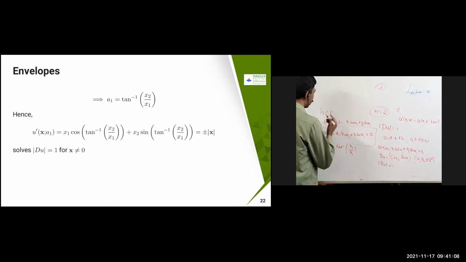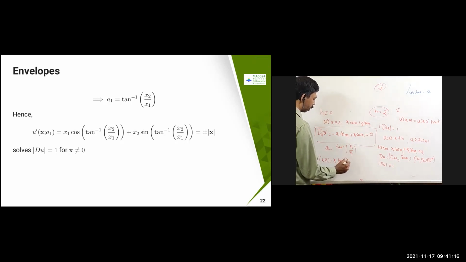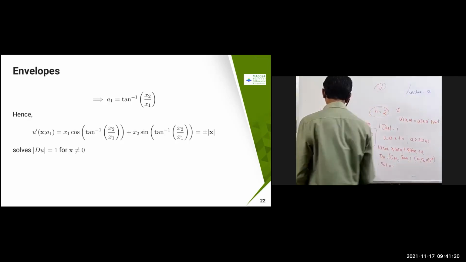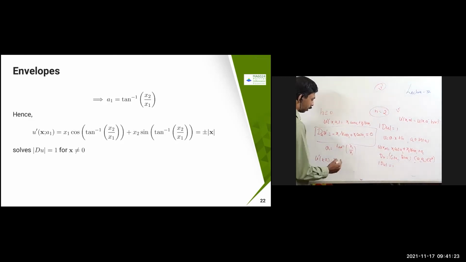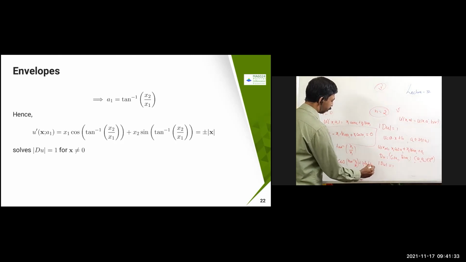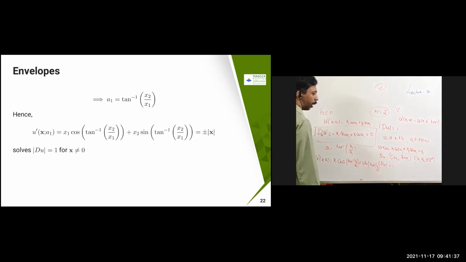The u dash of x comma a1 is going to become x1 cos of tan inverse of x2 by x1 plus x2 sin of tan inverse of x2 by x1.